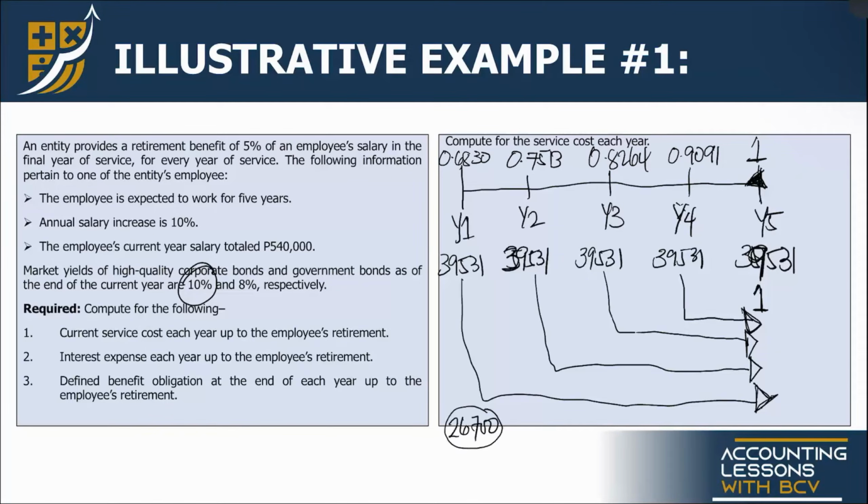That's for year 1. For year 2, 39,531 times 0.7513, 29,700. For year 3, 39,531 times 0.8264, that is 32,668.